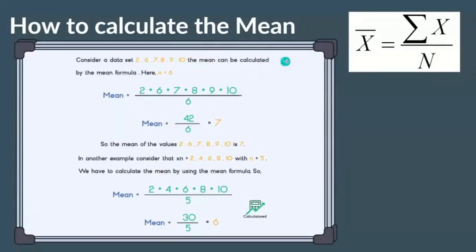So what happens is we've got mean equals, that's x bar equals, and then this is what the sum of x looks like, because we've got each data point being added together and then divided by n, which is 6. Then you do the maths, you have a nice little fraction, and your calculator spits out, in this case, 7. So that tells you that the average score in this situation is 7.